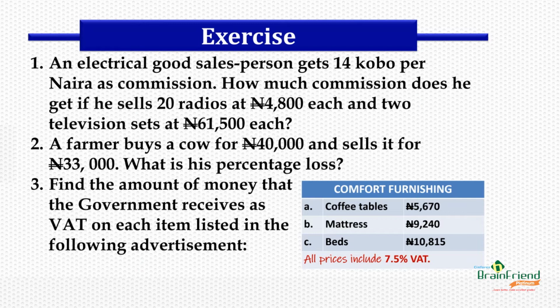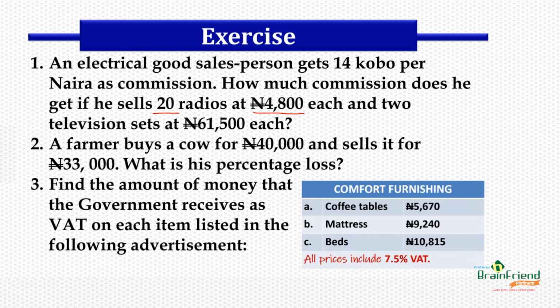Question 1 says an electrical goods sales person gets 14 kobo per naira as commission. How much commission does he get if he sells 20 radios at 4,800 naira each and 2 television sets at 61,500 naira each? Now, to solve that question, we have 4,800 naira per radio and he sold 20 radios.